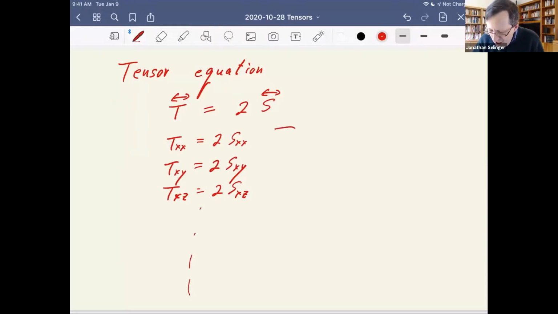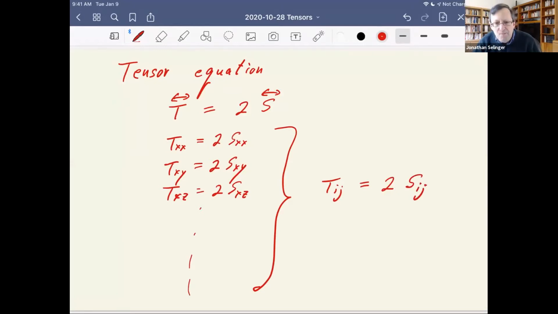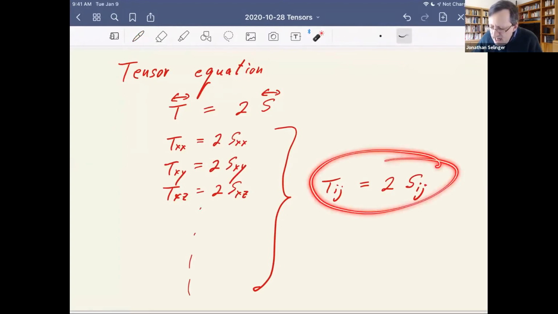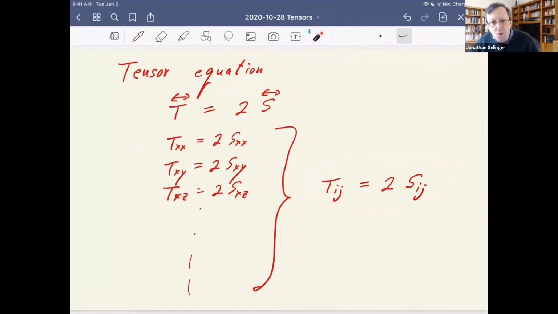A nice compact way to write all 9 of those things is to say Tij is equal to 2Sij. So this thing is 9 equations in one. Right?